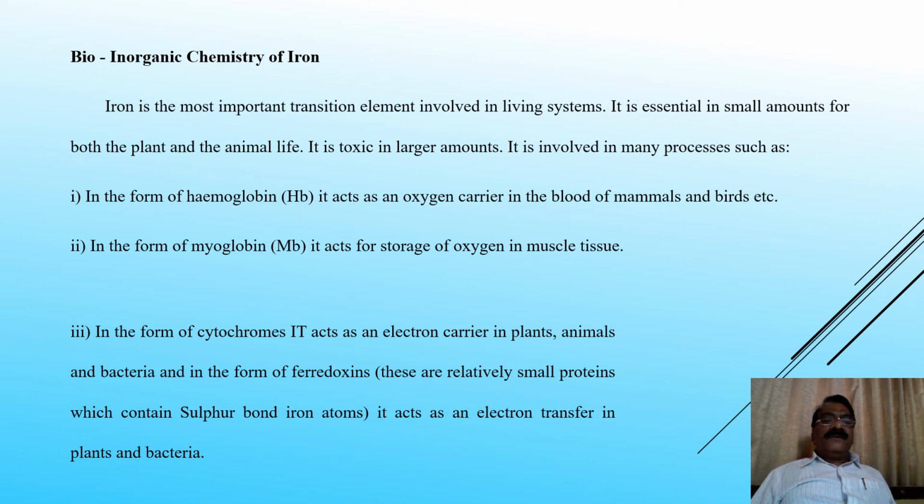Second, in the form of myoglobin, it acts as storage of oxygen in muscle tissues. Third, in the form of cytochromes, it acts as an electron carrier in plants, animals, and bacteria. And in the form of ferredoxins, they are relatively small proteins which contain sulfur bound iron atoms. It acts as an electron transfer agent in plants and bacteria.